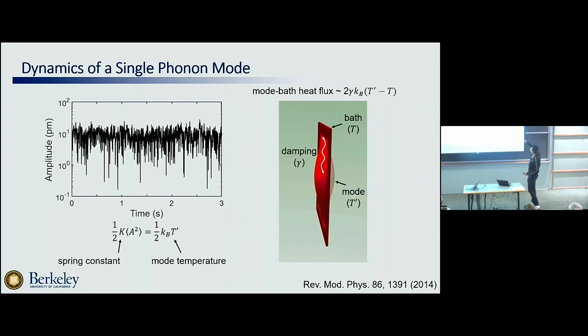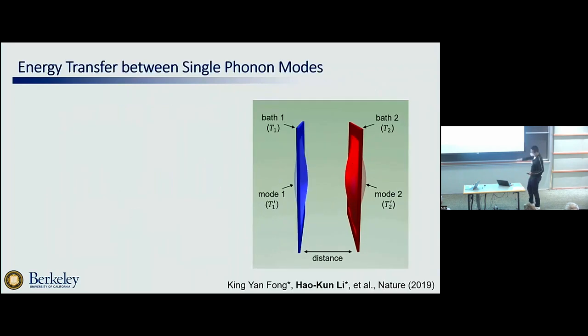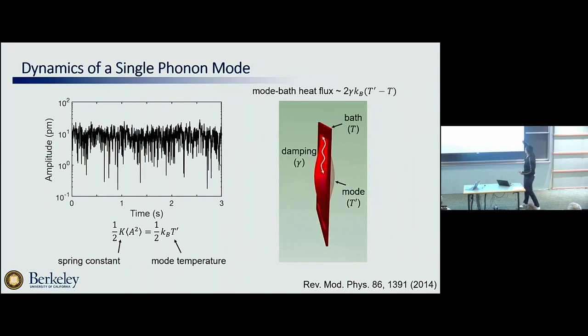The exchange rate is determined by the mode temperature subtracted by the bath temperature, multiplied by the damping rate, which you can measure, how much energy is decaying from this mode, right?